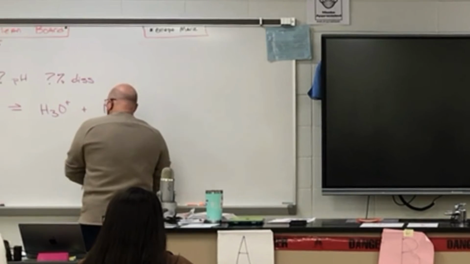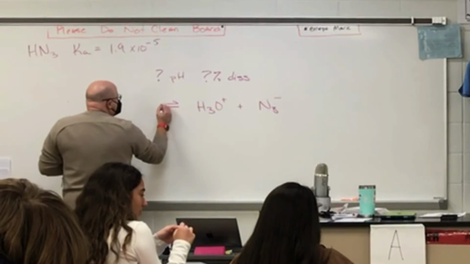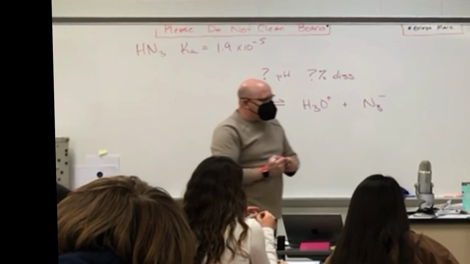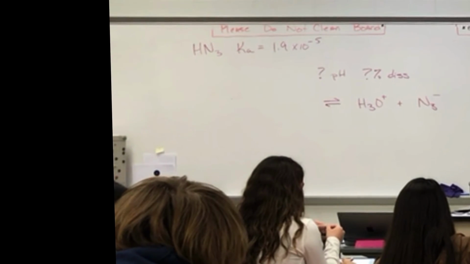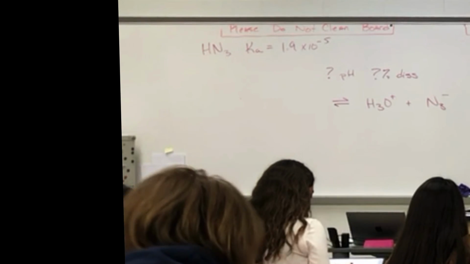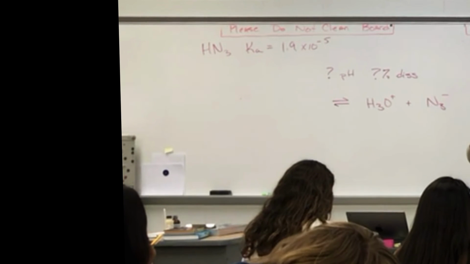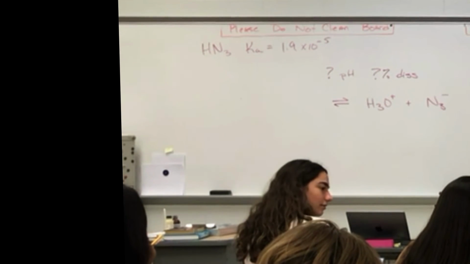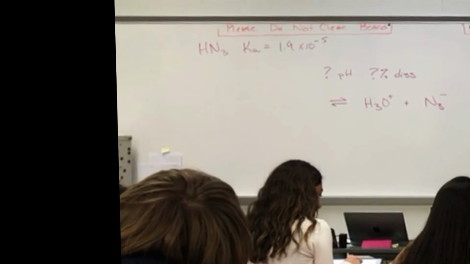Now, the thing that we're making an assumption about over here is that the addition of that sodium hydroxide doesn't change this volume. Most of the problems that you're going to encounter, you would be told either any change in volume is negligible, or ignore any volume changes, or the addition of the solid doesn't change the volume.